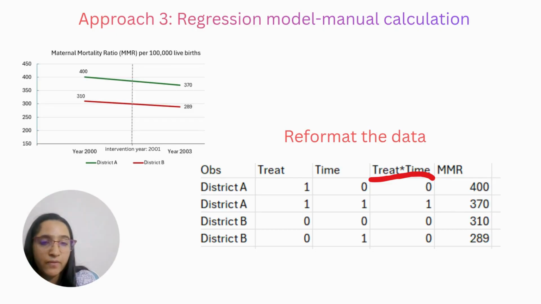So for the first observation, treat is 1 and time is 0. So 1 times 0 is 0. And the last column is the outcome, MMR. You can keep the MMR, the outcome variable, anywhere, but in the data we need to have these 3 additional dummy variables.